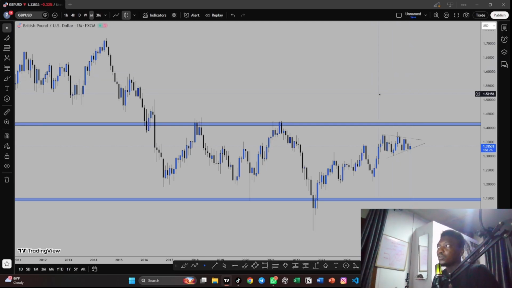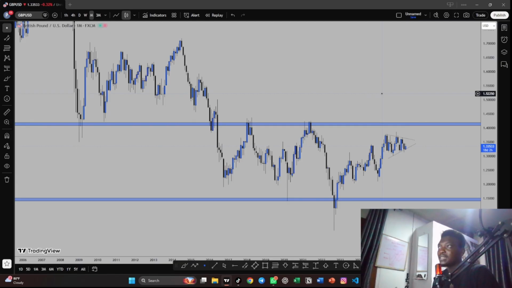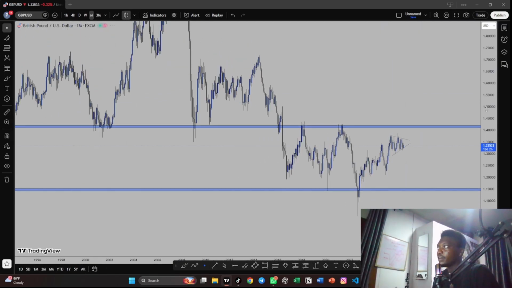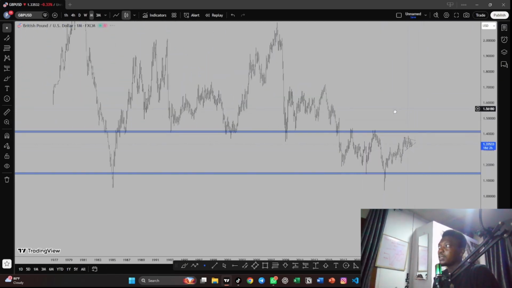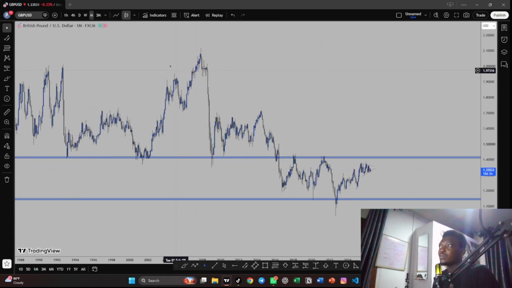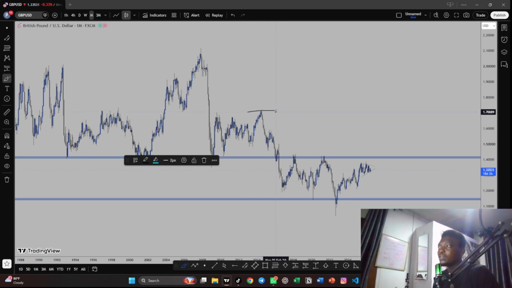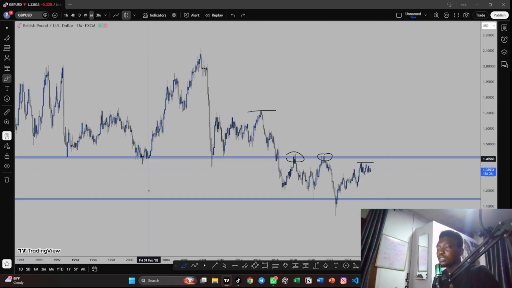I'm anticipating a sell move, because if I shrink my chart a bit, you would see that we are in a downtrend market, and for a very long time most of the highs are protected. Right here we have equal highs, and this point is currently standing as a lower high, and I'm expecting a continuation to the downside.